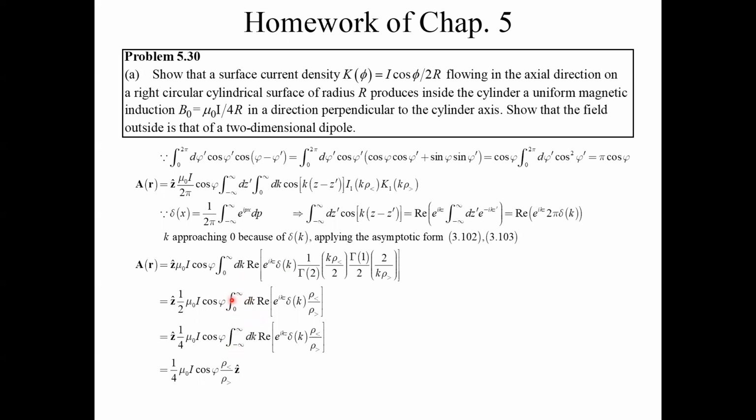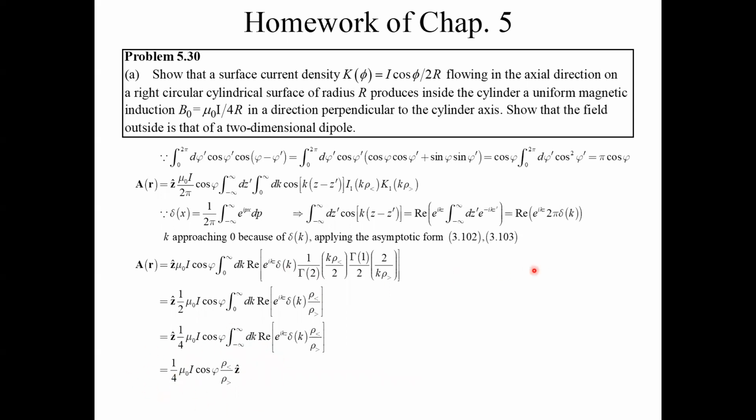We change our integration from 0 to infinity into minus infinity to positive infinity, and we have to divide by 2 to balance the value, and finally we will get the answer here.